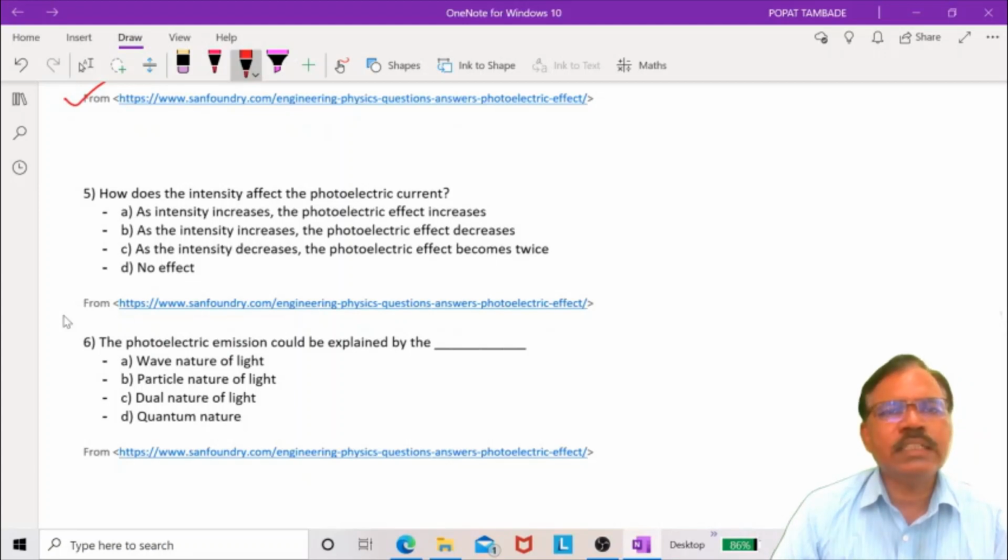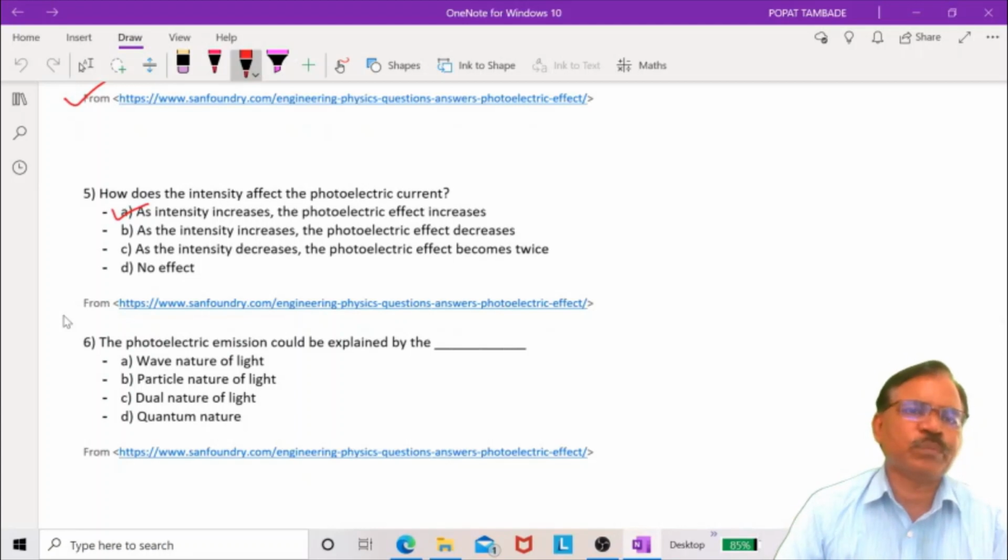So here, as intensity increases, the photoelectric effect increases. As intensity decreases, the photoelectric effect decreases. This is the correct choice.